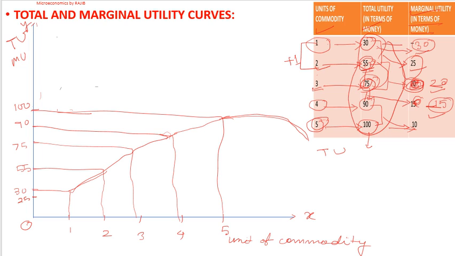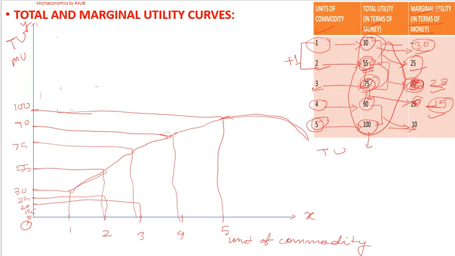After that we have 20, take 20 here, and this is 15, and similarly this is 10. So for the second unit it is 25, for the third unit 20, for the fourth unit 15, and for the fifth unit 10.